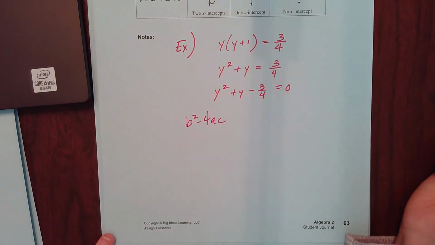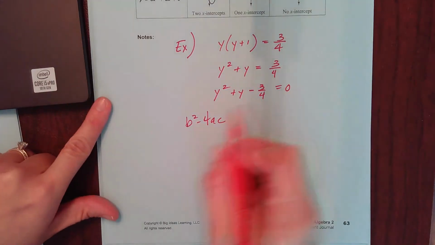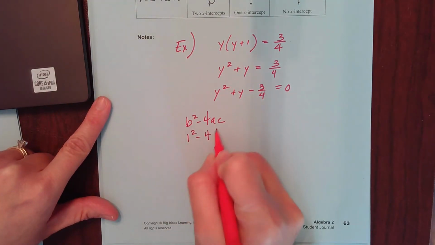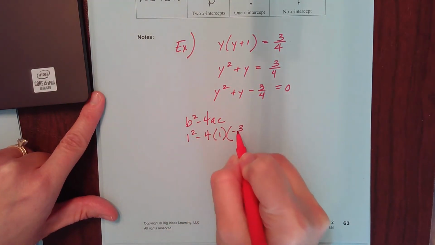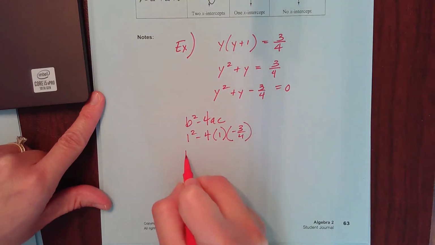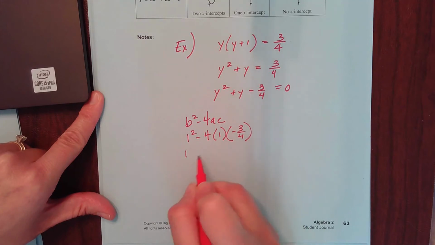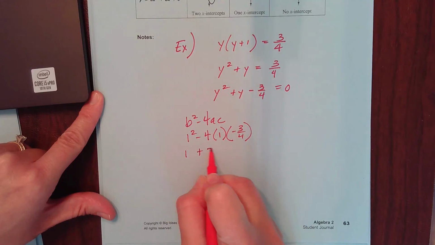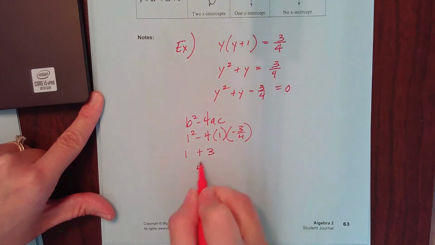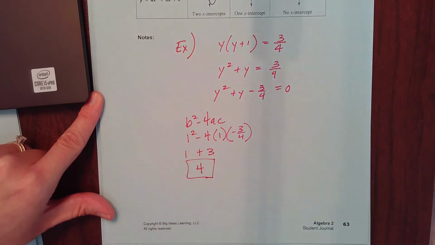So b squared minus 4ac is our discriminant. Let's see. b is 1, a is 1, and c is negative 3/4. So this is 1, and negative 4 times negative 3/4 is positive 3. So my discriminant is 4. And to be honest with you, I don't care what the discriminant is.